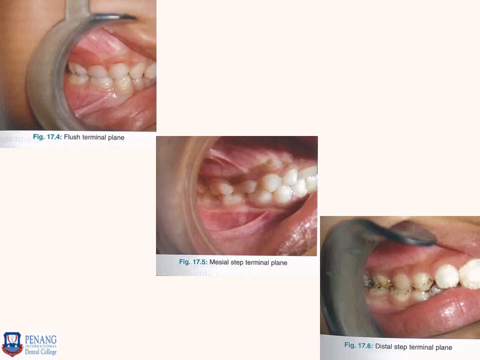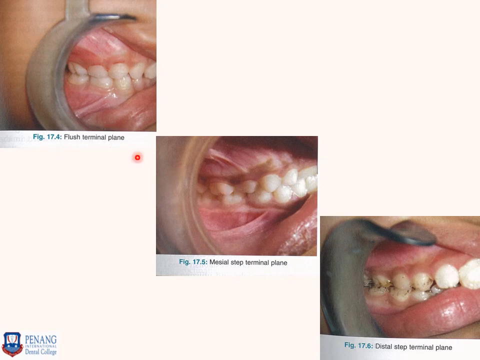All these three pictures define the three different terminal planes we have discussed. Here you have the canine, the first molar, the second molar. They are in the same plane, so it is called the flush terminal.